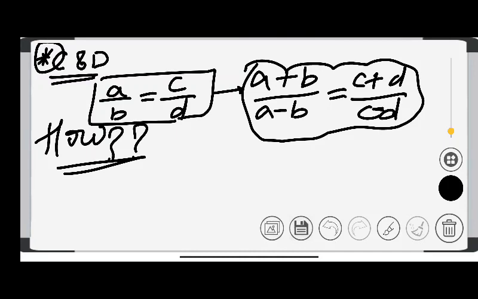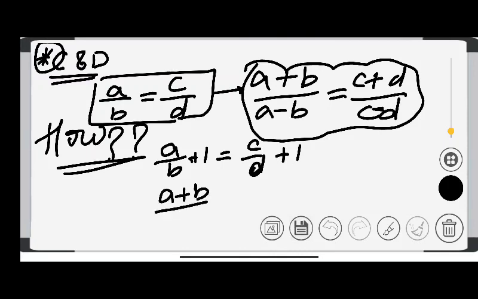If I use a by b is equal to c by d, by adding 1 on both sides, I found that a plus b upon b is equal to c plus d upon d. This one is the first equation. Then the second equation: if I subtract 1 on both sides, a by b minus 1 is equal to c by d minus 1.